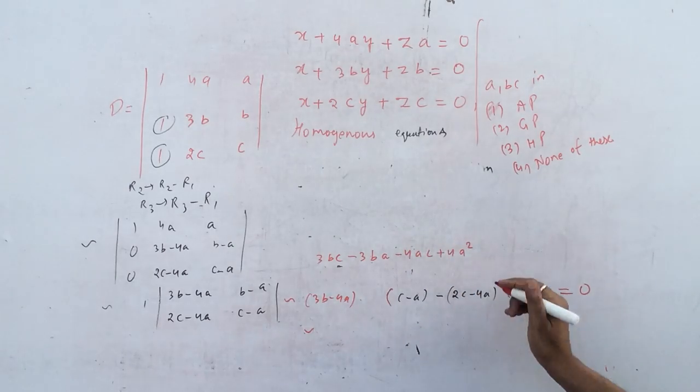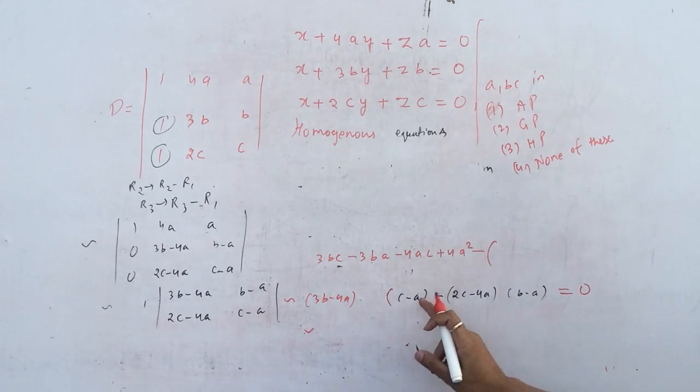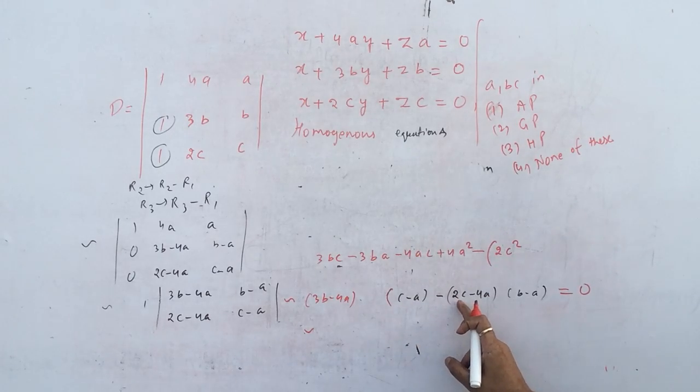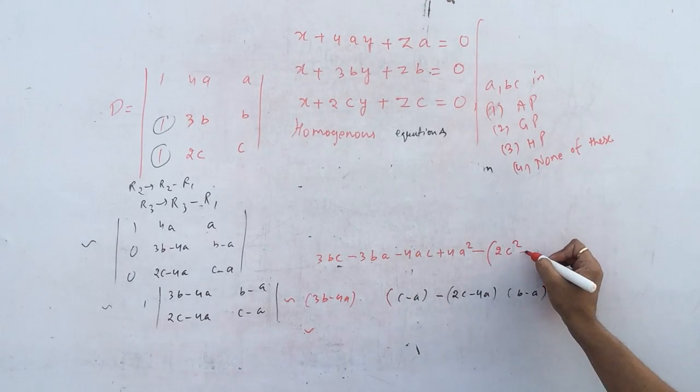Multiply the rest also, taking minus common, 2c square minus 4ac.